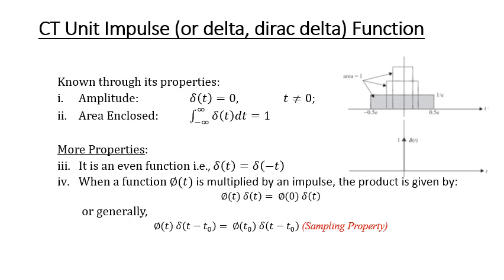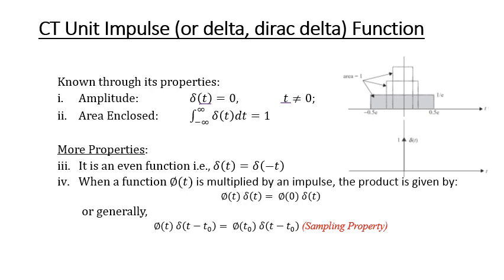If you look at this one, we define that the amplitude of the impulse function equals 0 when its argument is not equal to 0. It's exactly similar to what we had for the discrete time case.